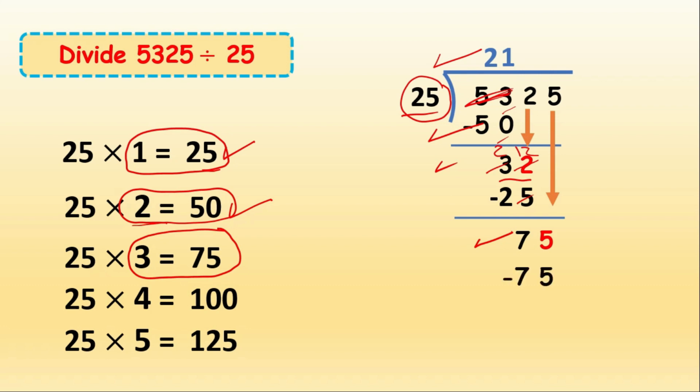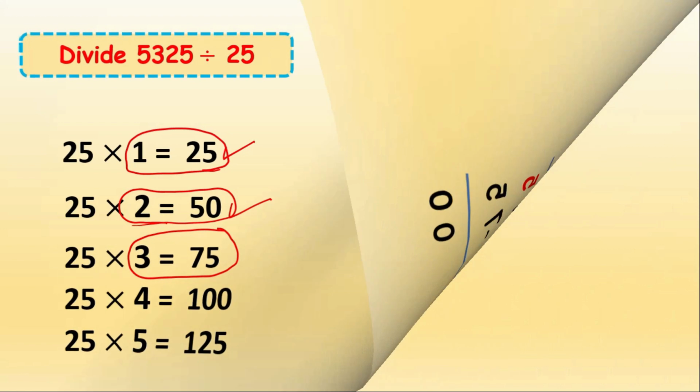Then write 75 as a product and 3 as a quotient. And let's subtract. 75 minus 75 equals 0. So we have finished the division and the quotient is 213. Got it?